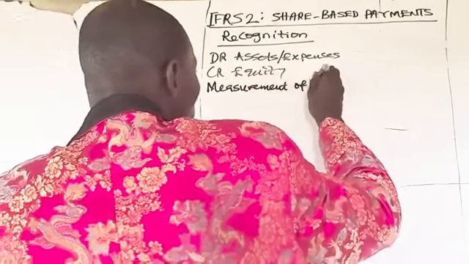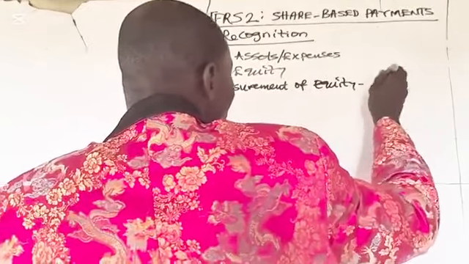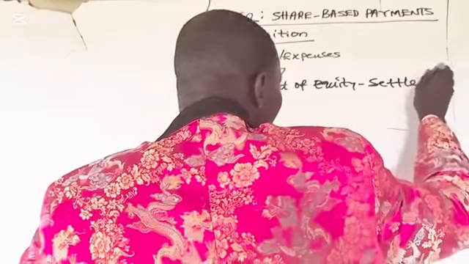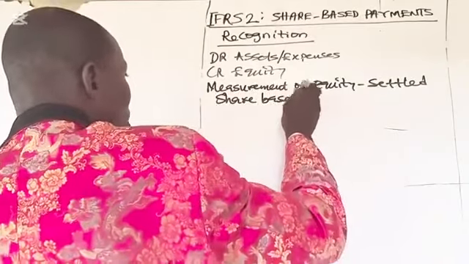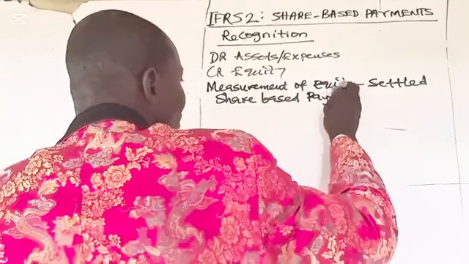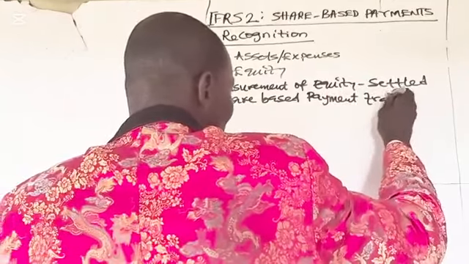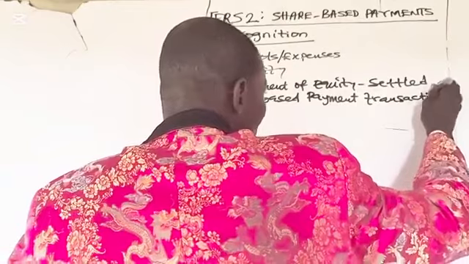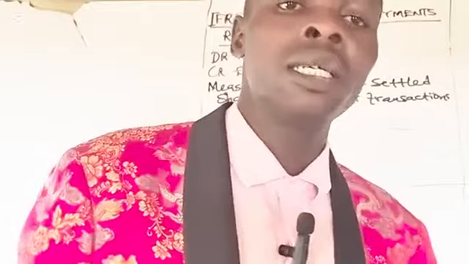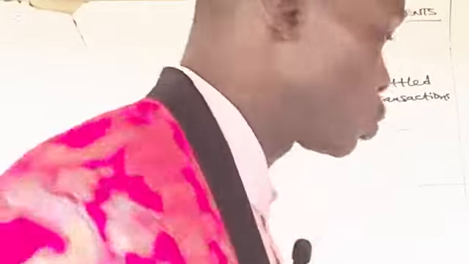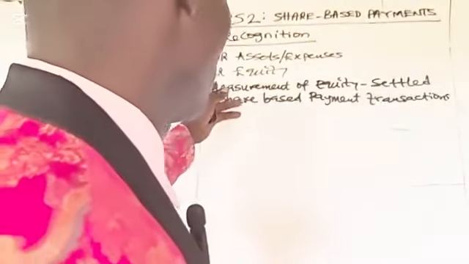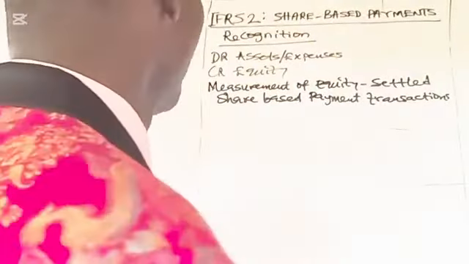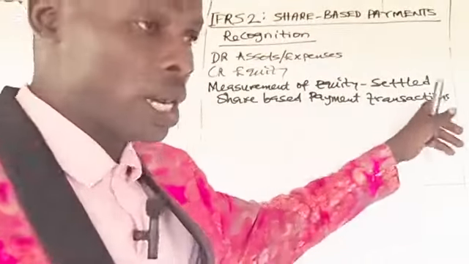By measurement, we mean the basis used in determining the monetary amount at which an element should be recognized. So I am looking at the measurement of equity settled share-based payment transactions.